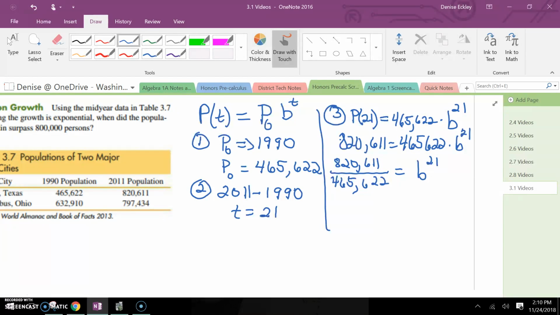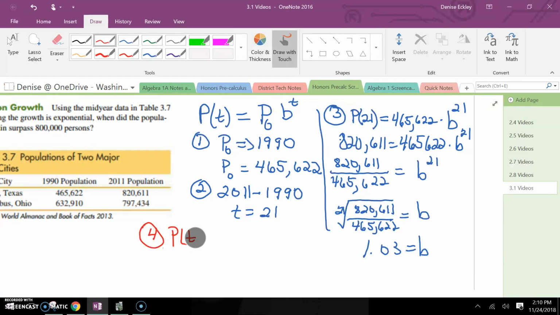So we're going to take the 21st root of 820,611 divided by 465,622, and that is going to be B. So when we do that, we get a B of 1.03.